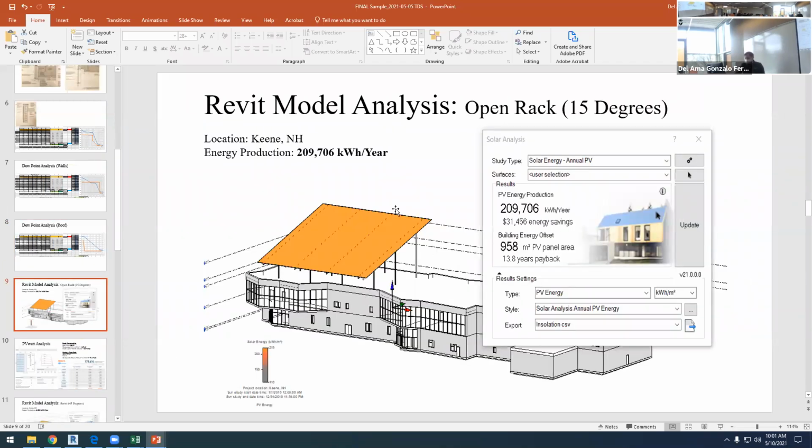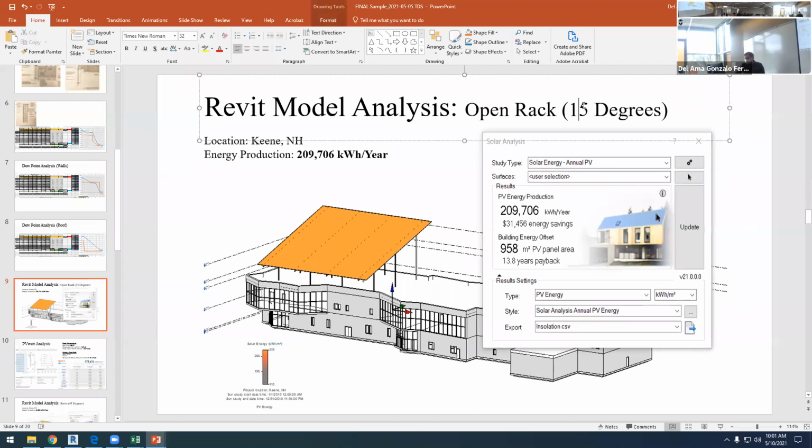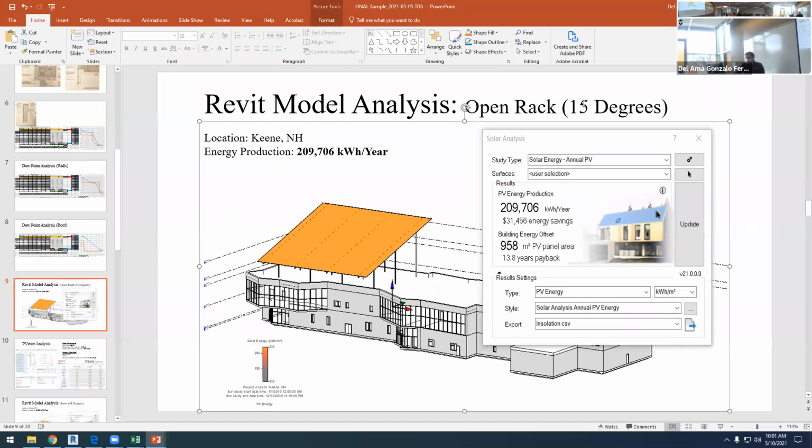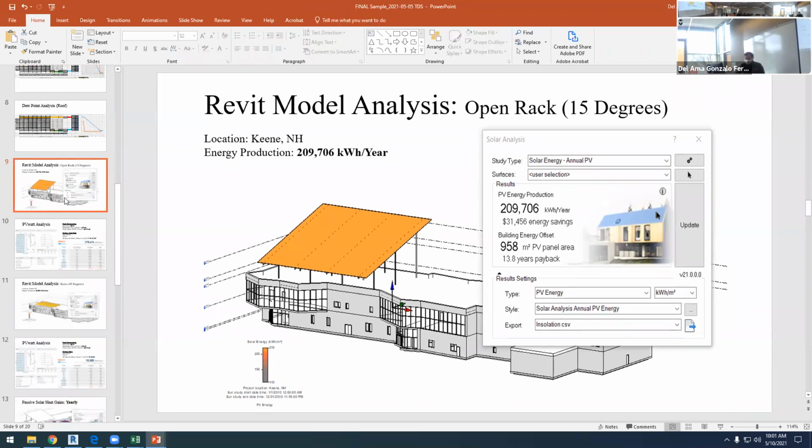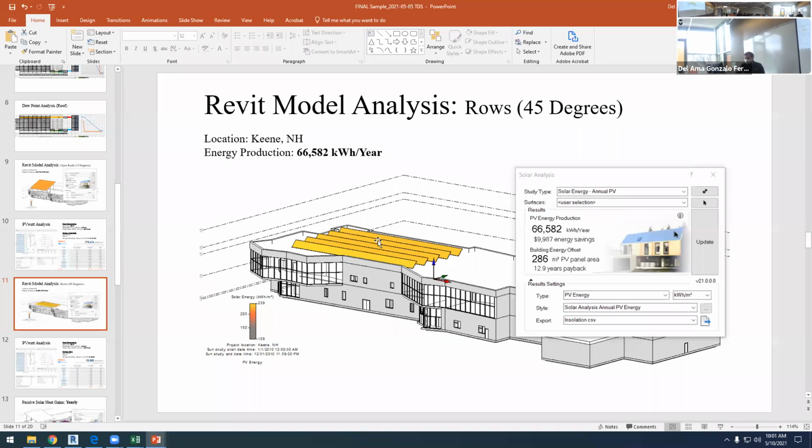Then this is something that most of you have already done, the analysis of this PV open rack here. You have to use different degrees, so anything from 10 to 20, it's fine. And then you have to compare this to this.